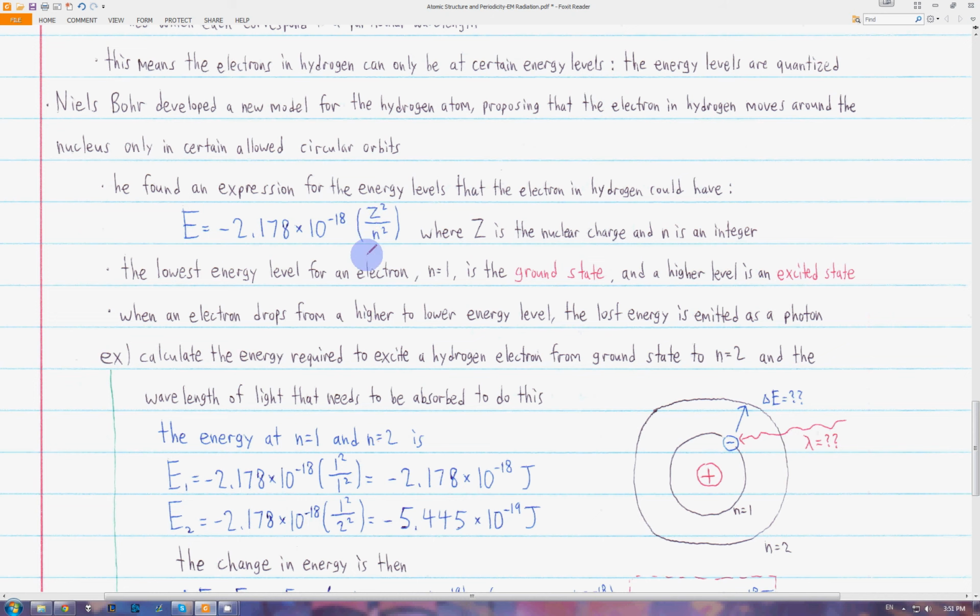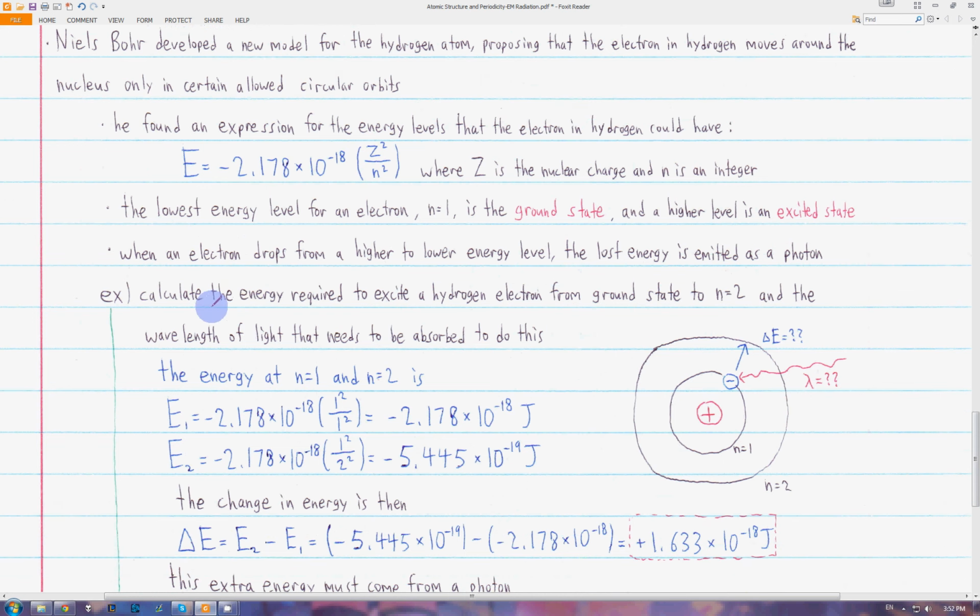So the lowest energy state would be when n is equal to 1, and we call this the ground state, the lowest energy state that an electron can be in. And so any level higher than n equals 1 would be higher in energy, and that's called an excited state. So when an electron drops from a higher to lower energy level, then the lost energy is emitted as a photon of light.